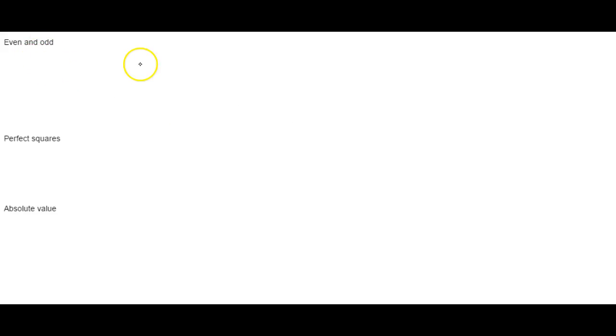We also have some properties for even and odd numbers. An even number is any number that is divisible by 2. 2 is even, 4, 6, 8, 10, 12, we could keep counting. So basically anything that ends in a 2, 4, 6, 8, or 0, except for 0 itself. So 10, 20, 30, those are all even. 0 itself is not considered even or odd.